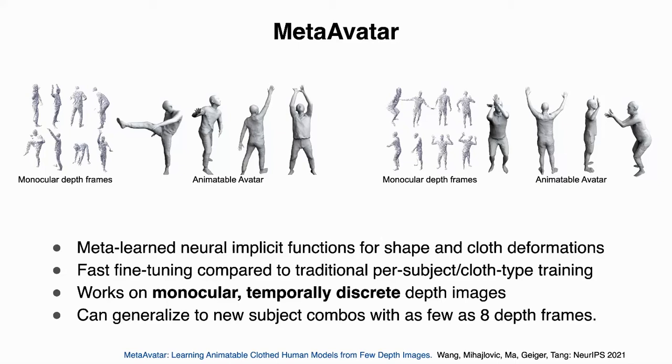Since our goal is to build a clothed human body model from very sparse observations, which means we need a strong prior, we use a meta-learning method to learn a unified prior for how shape and clothes deform given different input poses. The meta-learned model can then be quickly fine-tuned to adapt to unseen subjects. Essentially, it can generalize to unseen subjects with as few as 8 depth frames. In such a case, fine-tuning takes less than 2 minutes.